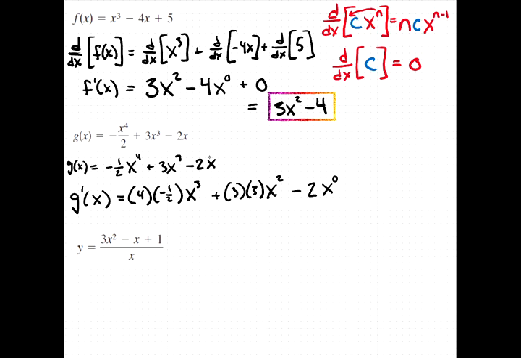So this is x to the first, and this drops by 1 to x to the 0.